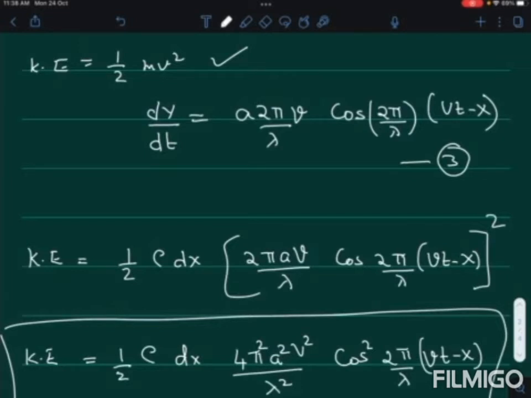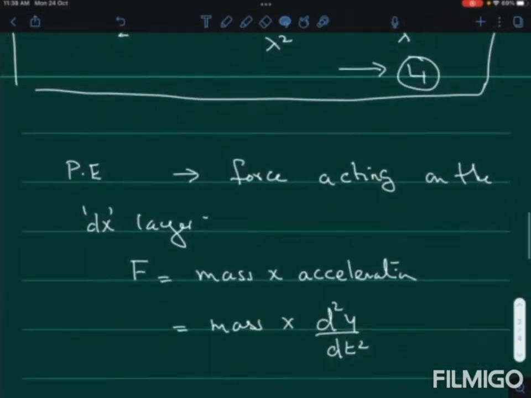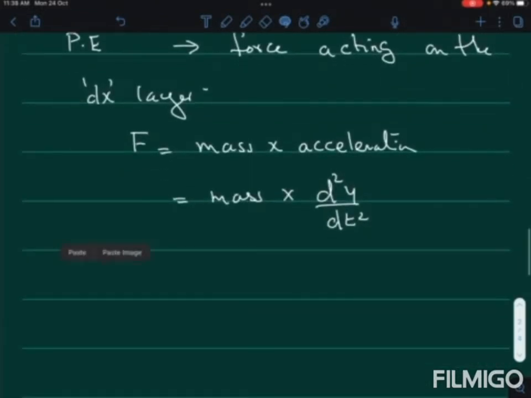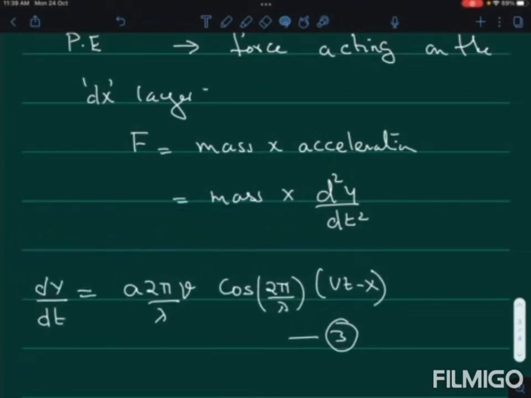Now you have to differentiate once again, so you have dy/dt as this.